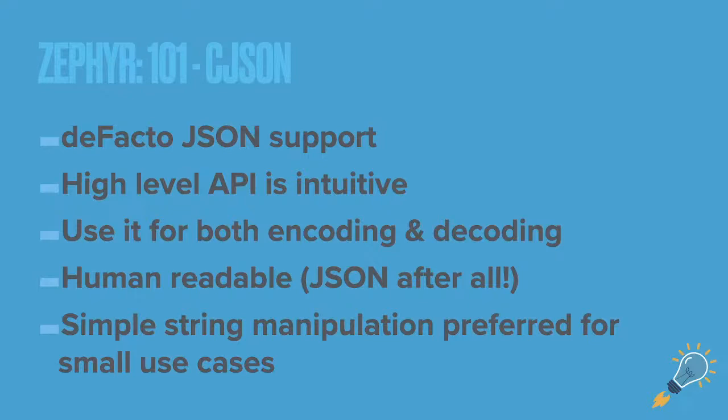All JSON is human readable to some extent. That's just the way JSON is. The thing is, it's not so efficient, like I mentioned before. In some cases, instead of using cJSON, you might be better off just doing some string manipulation, depending on how complex your payloads are. If you have dynamic payloads, then cJSON is the thing. If you have more static ones, you might be able to just serialize everything together with sprintf or something similar.